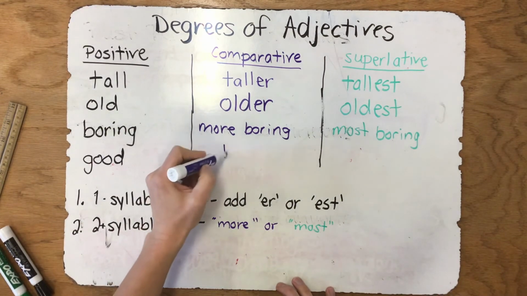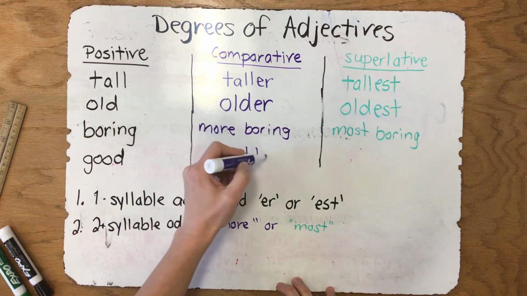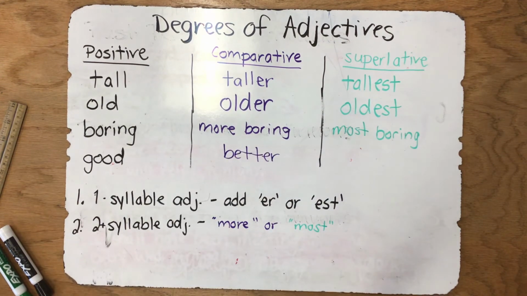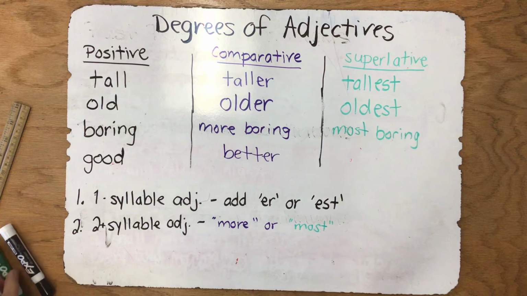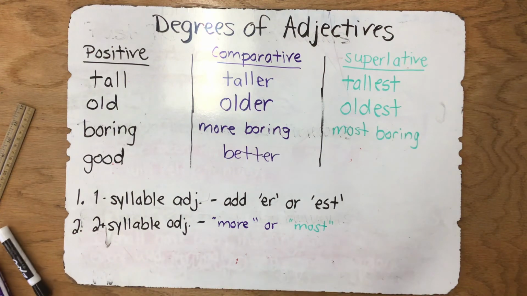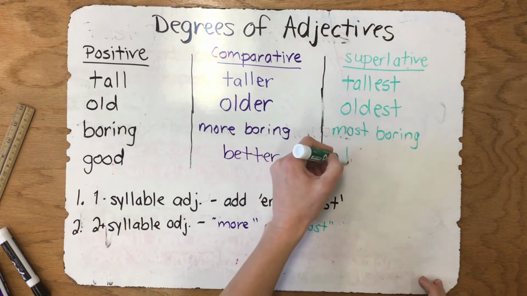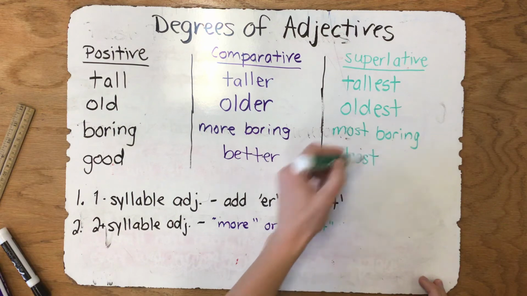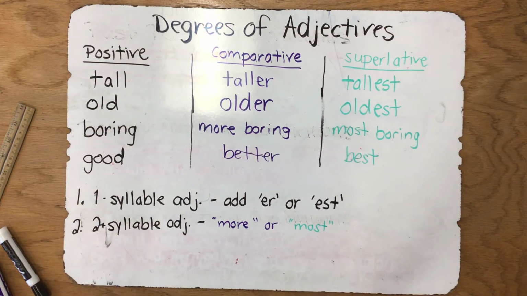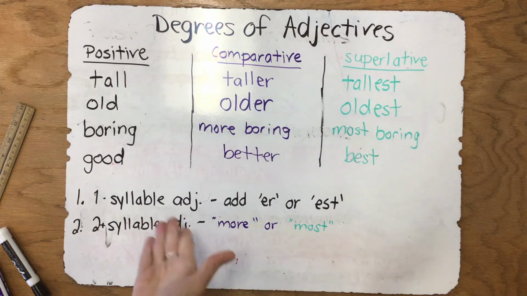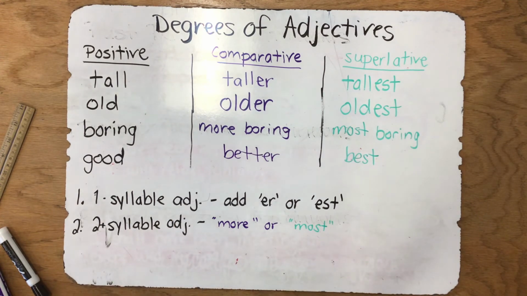Like this cookie is better than the chocolate bar. Superlative for that, like M&Ms are the blank candy. The highest degree, we would say best. So good, better, and best are the degrees of adjectives for good. So there's a couple of irregular ones that don't follow either of these rules. How strange is that?